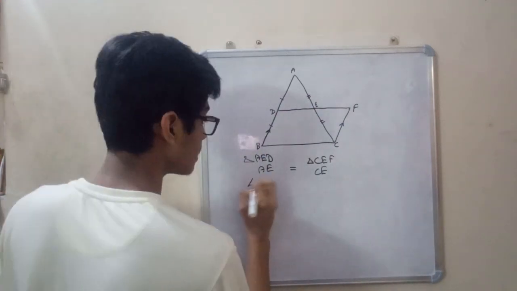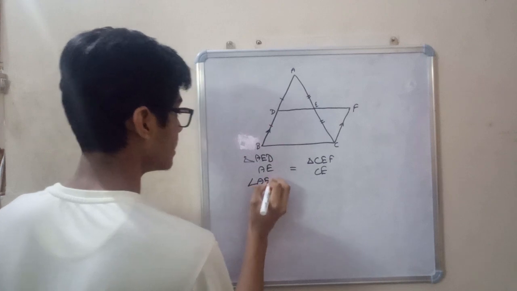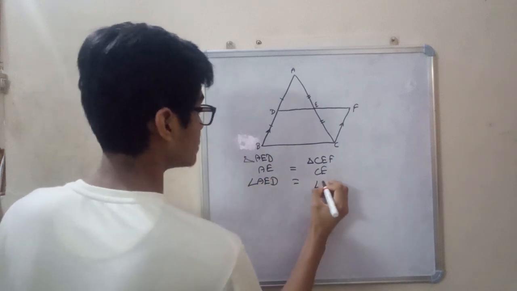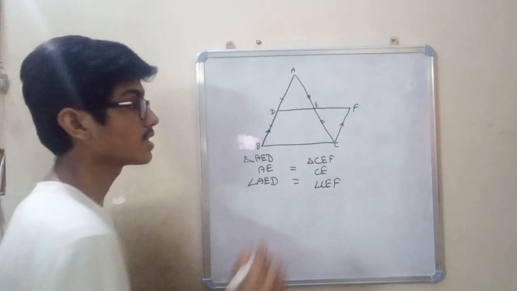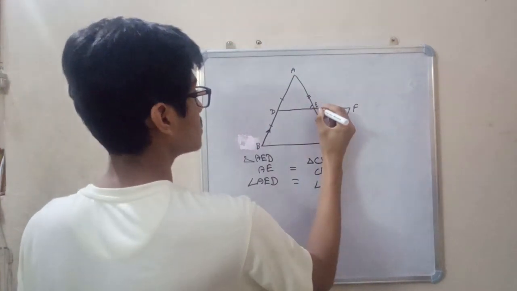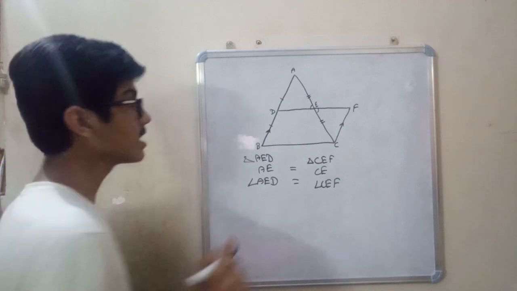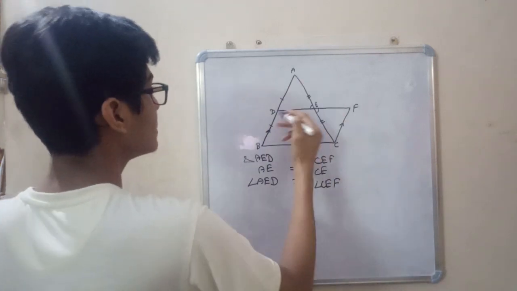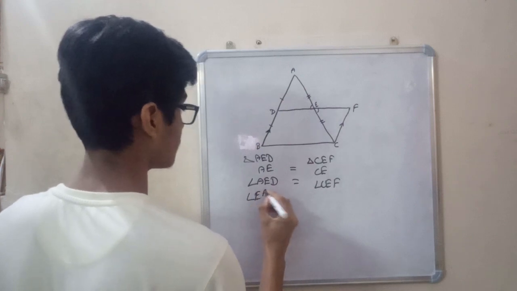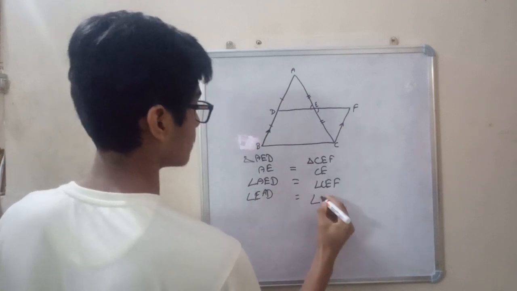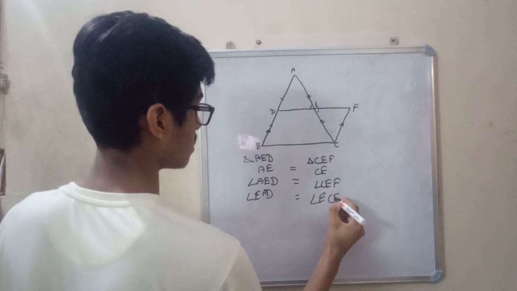Second thing, angle AED is equal to angle CEF as they are vertically opposite angles, and vertically opposite angles are always equal. And the third thing, angle EAD and angle ECF are going to be equal. Why?